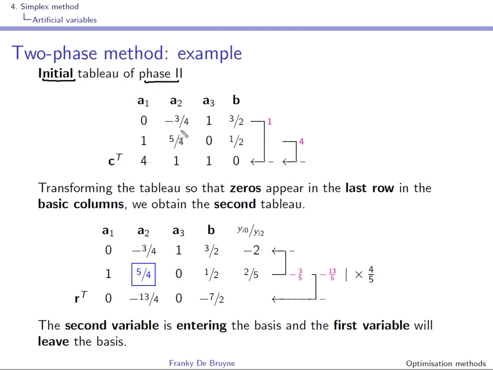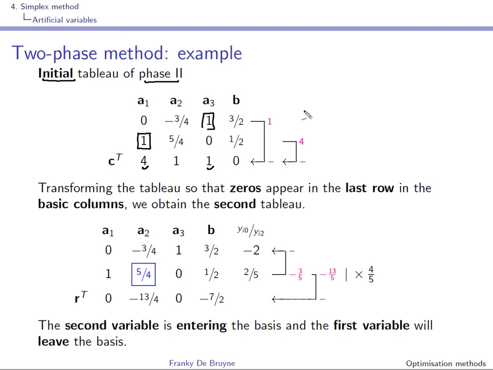But pay attention, this tableau is not yet in its canonical form because you can see that we have the basic variables x1 and x3 and associated pivots, but you do not have zeros below the pivots. So you have to do 2 elementary operations to create zeros here in this last line below the pivots, right?